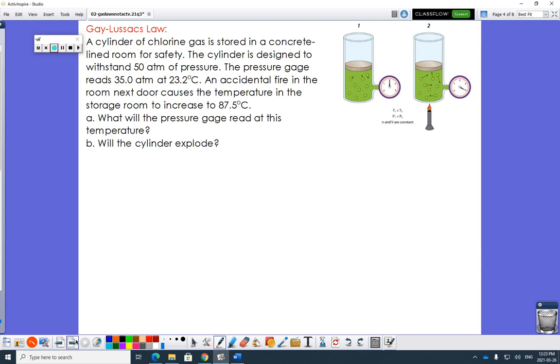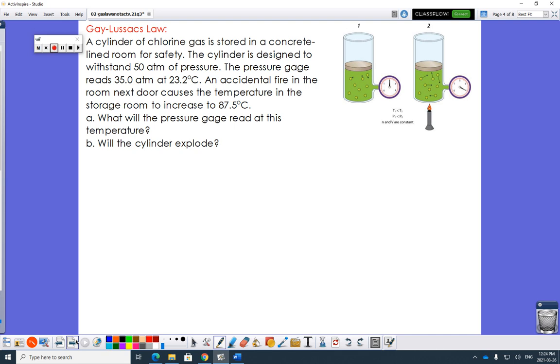So this kind of question, sometimes students are like, Ms. Todd, there's a lot of numbers here. I don't know what I'm supposed to use. So you have to really kind of read these questions carefully. So it says the cylinder is designed to withstand 50 atmospheres of pressure. And then it gives you a pressure with a temperature, changes the temperature, and asks you for a new pressure.